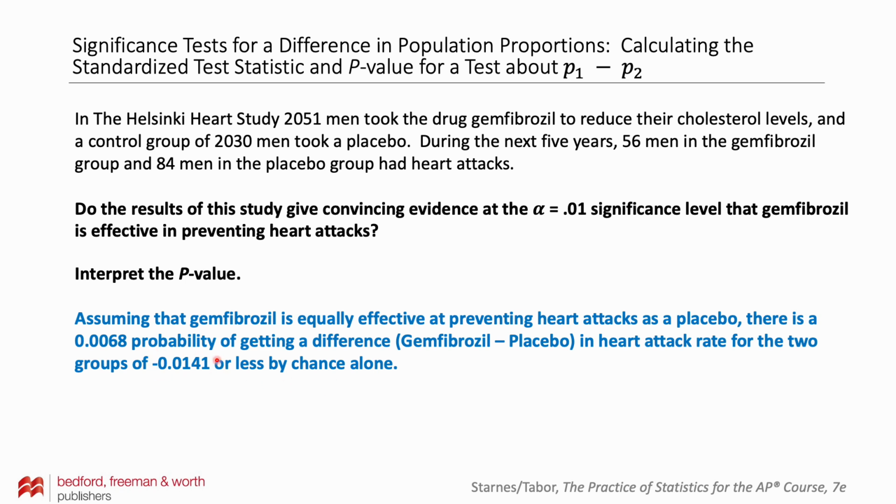Remember, this number comes from the subtraction of p hat sub g and p hat of the placebo. And that's how we got that value. And that would be the exact difference.